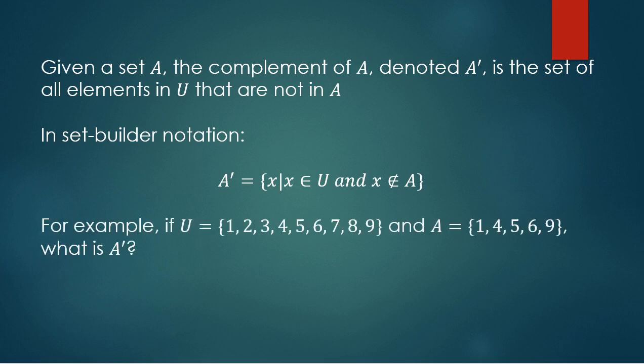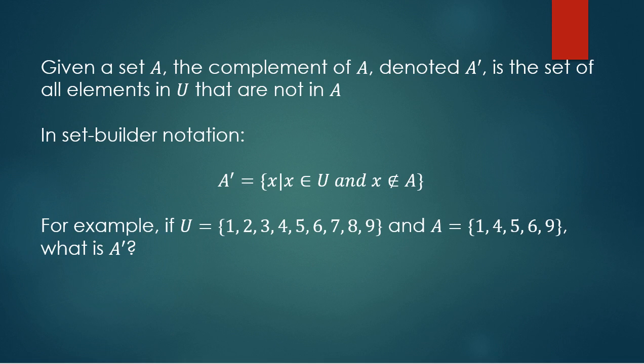For example, if U is the set of all whole numbers 1 through 9, and A is the set containing 1, 4, 5, 6, and 9, then what is A complement or A prime? So we need to find all the guys that are in this set here that are not in this set here.